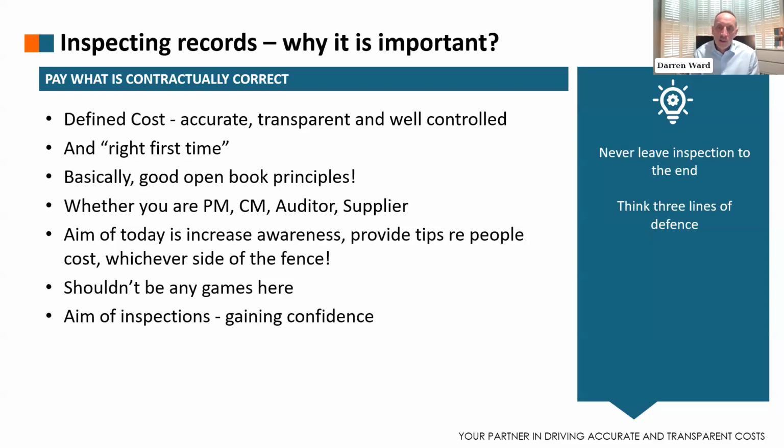So line one is what the contractor does to capture good, accurate, defined cost. It's processes and controls to make that application right first time. A really simple example: if you've got a contractor who charges recruitment costs into its cost ledgers, that may fail the test of the scheduled cost components.